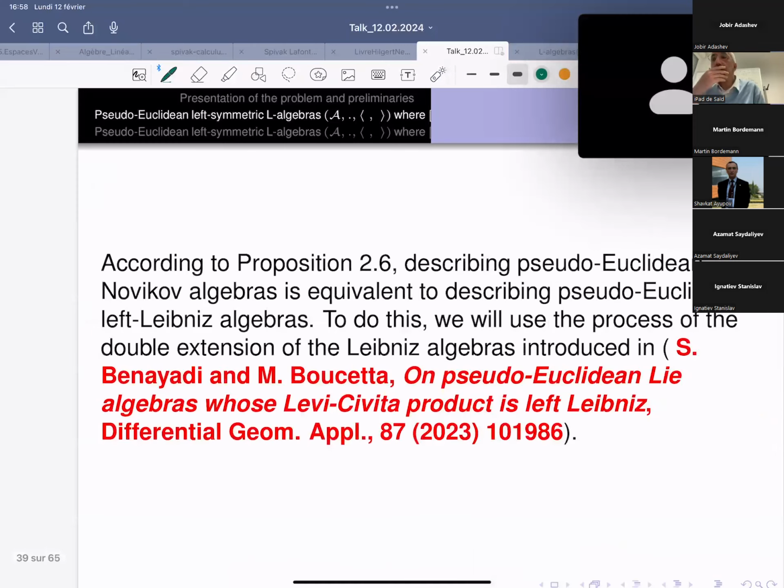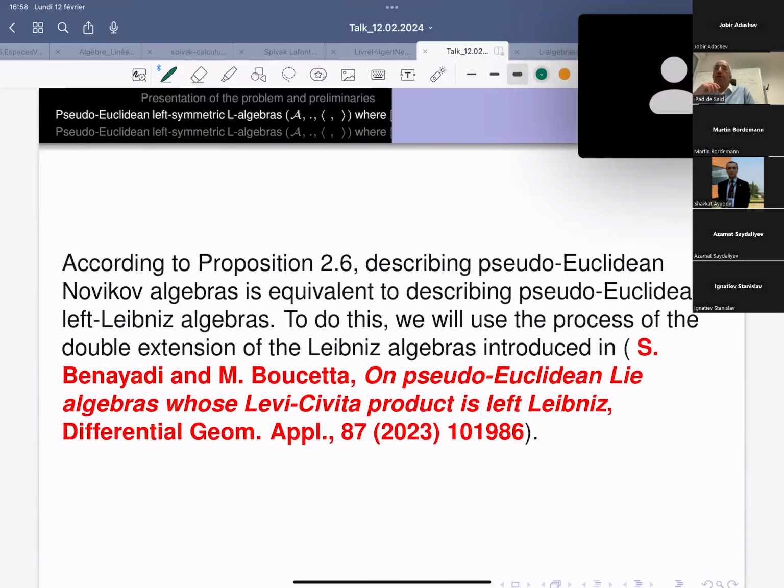According to this proposition, to this equivalence between these three classes, describing pseudo-Euclidean Novikov algebras is equivalent to describing pseudo-Euclidean left Leibniz algebras.